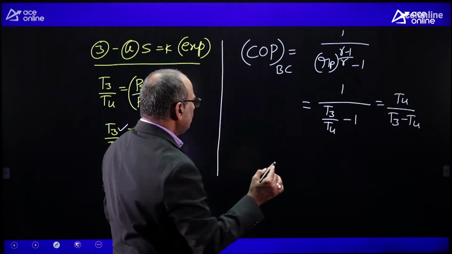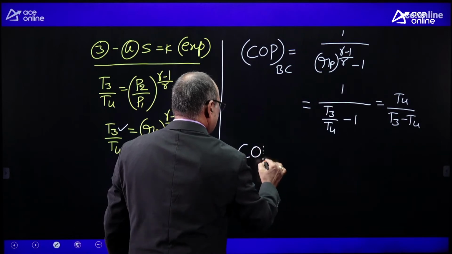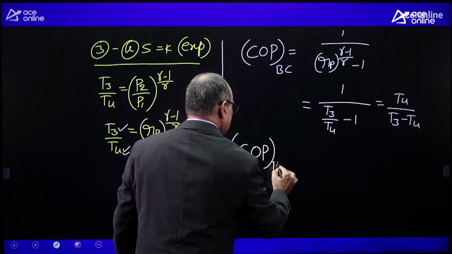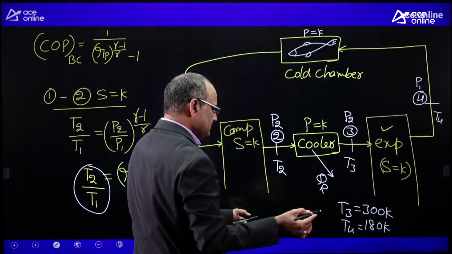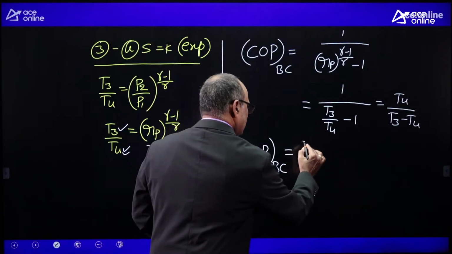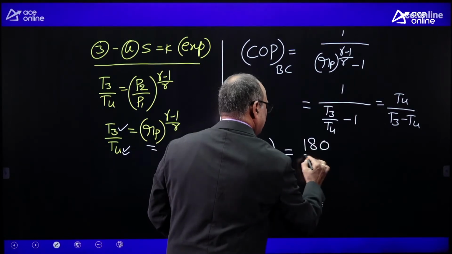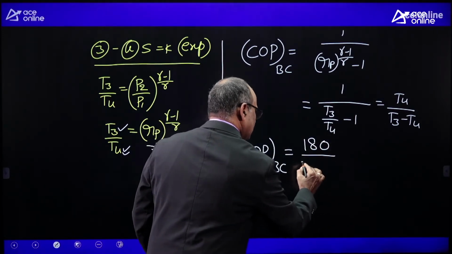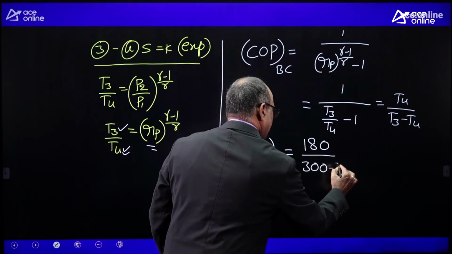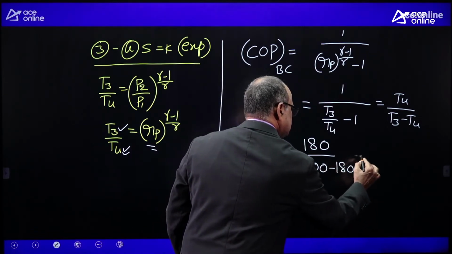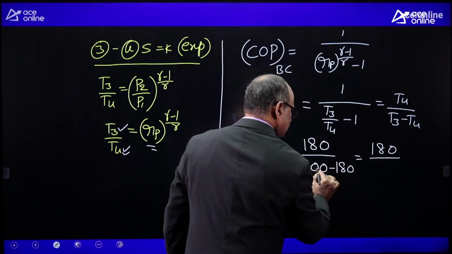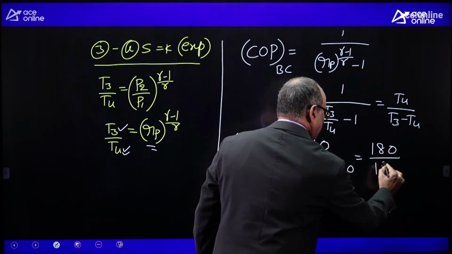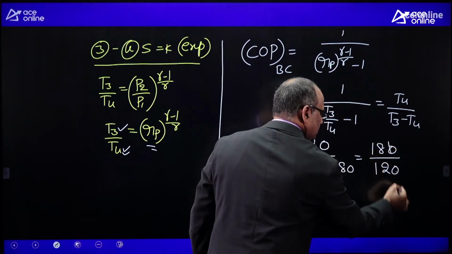Okay? Now the COP of the Bell-Coleman cycle is equal to the temperature after expansion, 180, divided by the temperature before expansion minus the temperature after expansion, 300 minus 180. Simplify it. 180 divided by 300 minus 180, which is 120. You simplify it, 0 cancelled.